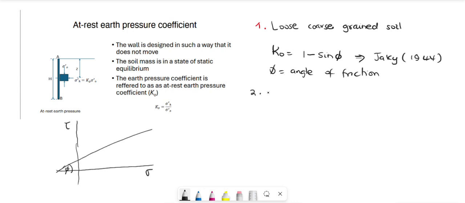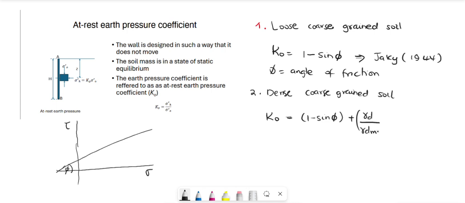And the second one is the dense coarse grain soil. So for dense coarse grain soil, we can find our at rest earth pressure coefficient by the formula 1 minus sine phi plus gamma d over gamma d minimum minus 1, multiplying 5.5.